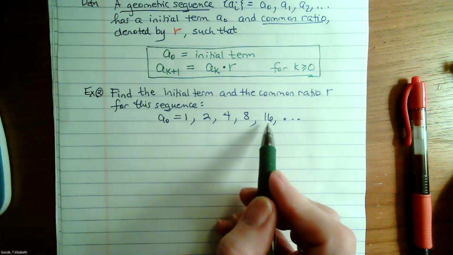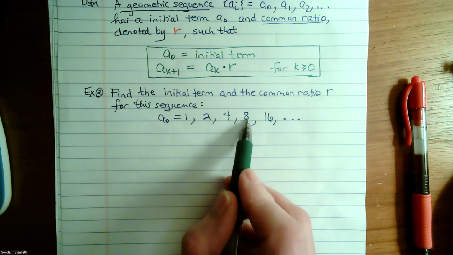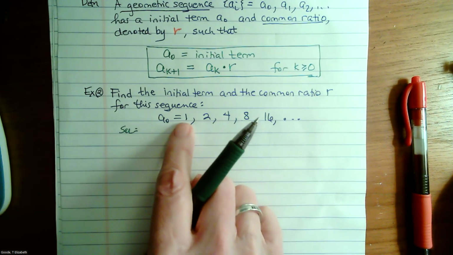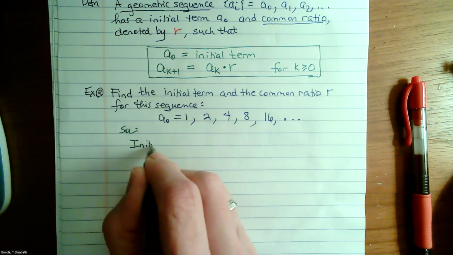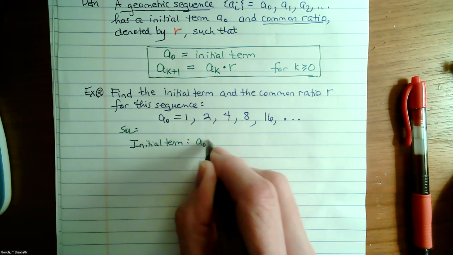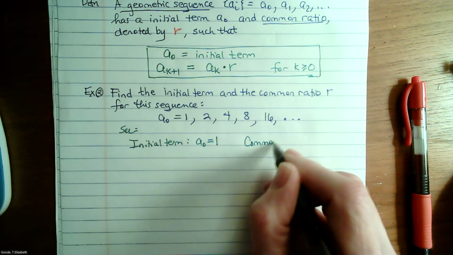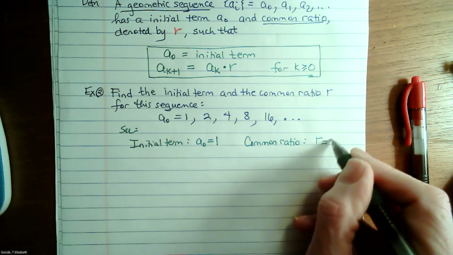And it's easy to see what's going on here. We're multiplying by 2 to get subsequent terms. And we're starting at 1. So the initial term, a naught, is 1. And the common ratio, R, is 2.